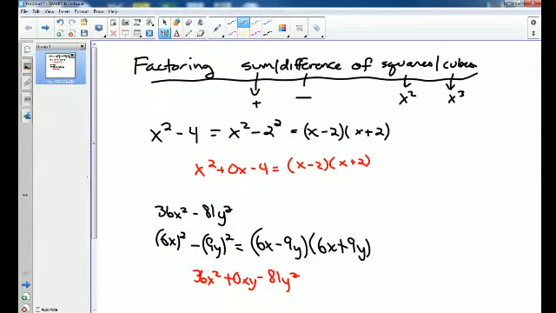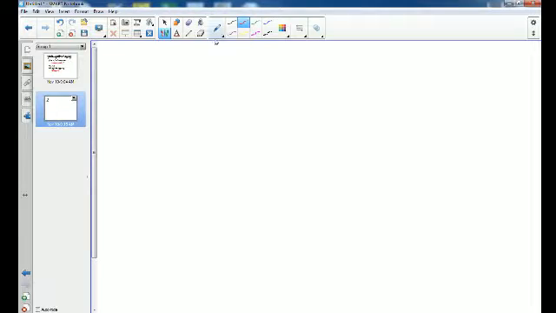That's how you would rewrite it. This is an awful mess. I suggest you use differences of squares. Alright. So what about something like this? That's the sum of two squares, right?